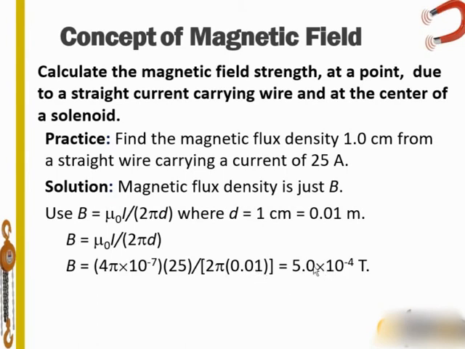If we do the calculation, we get the value for the magnetic flux density equal to 5.0 times 10 to the minus 4 Tesla. Okay, so that is going to be the magnetic flux density at a point 1 centimeter from a straight wire which is carrying a current of 25 amps.